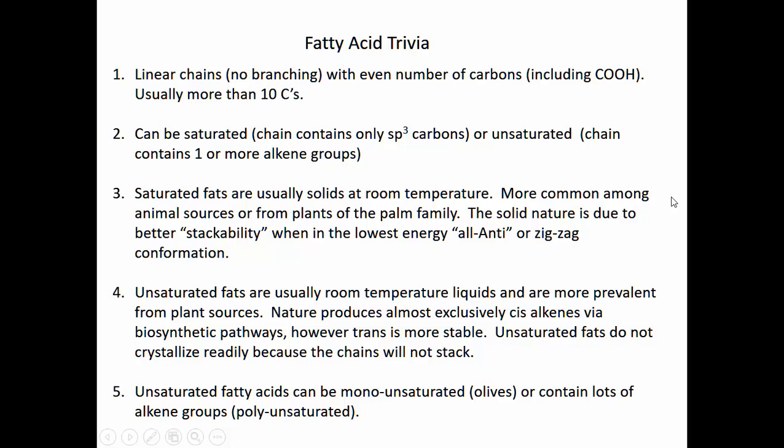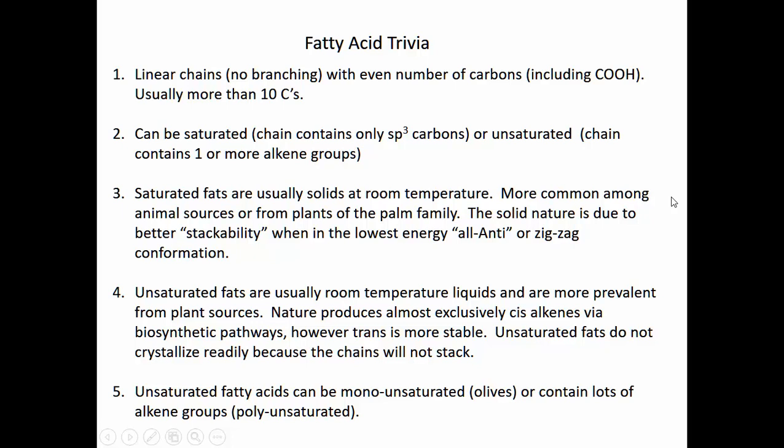Saturated fats are usually solids at room temperature. They're more commonly derived from animal sources, but one major source of fats, the palm family, actually produces saturated fat from a plant source. Okay, and the solid nature is due to the fact that they can stack on top of each other.